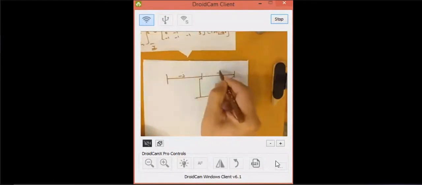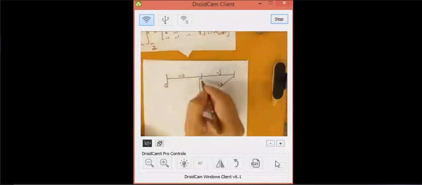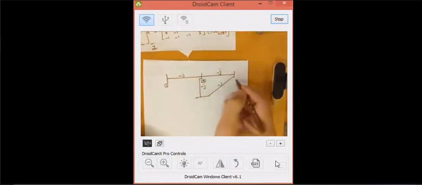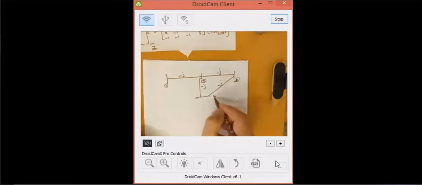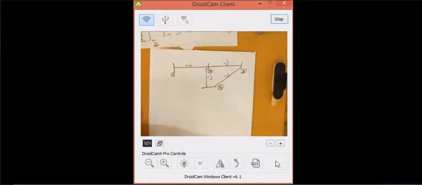Minus J, minus J, minus J, minus J, 2, 3, 4. Let me say that we want to modify it. Modifications mean that we add a line, we remove a line. We add a tap changing transformer, we remove a tap changing transformer.